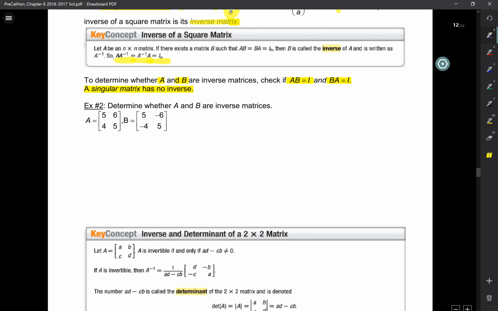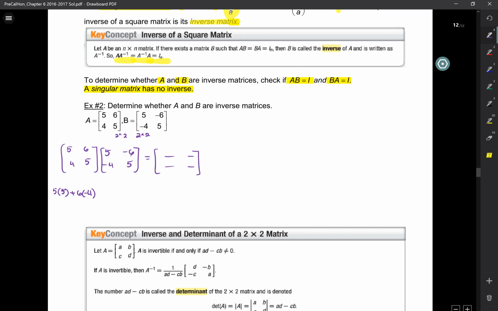All right. Let's multiply [5, 6; 4, 5] times [5, -6; -4, 5]. So this is a 2 by 2. This is a 2 by 2. The answer is going to be a 2 by 2. All right? Now, let's do the first row, first column. So I'm going to get 5 times 5 plus 6 times negative 4.